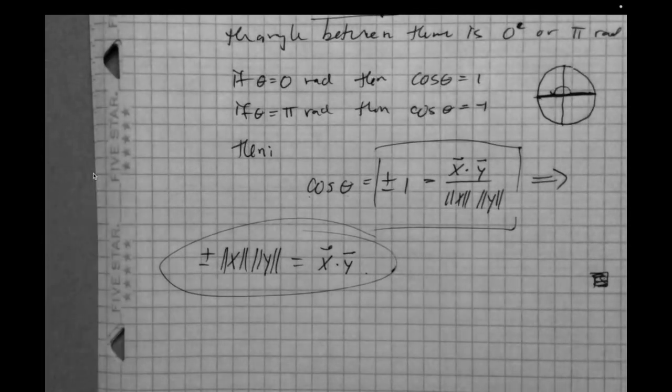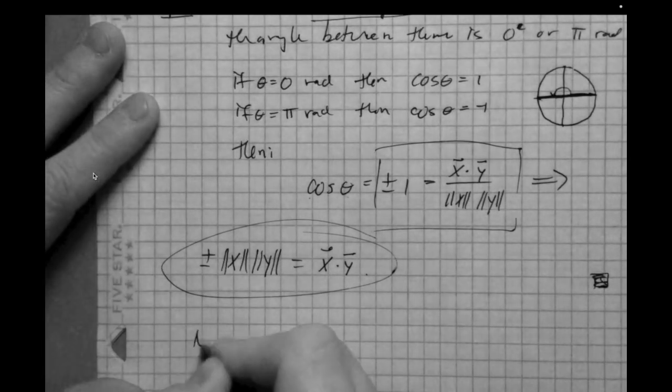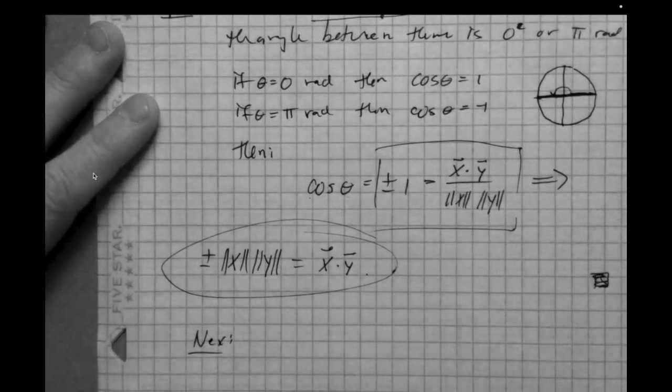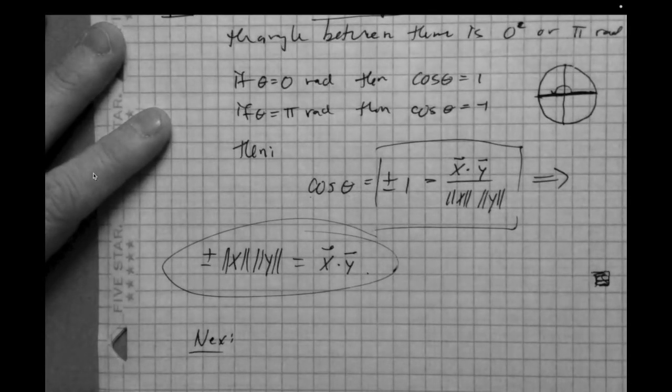Now what we want to do is use these ideas, orthogonality and parallel properties, and discuss a very important idea in linear algebra, but also in the sciences, physics, engineering, etc., and that's the projection of a vector onto another vector.